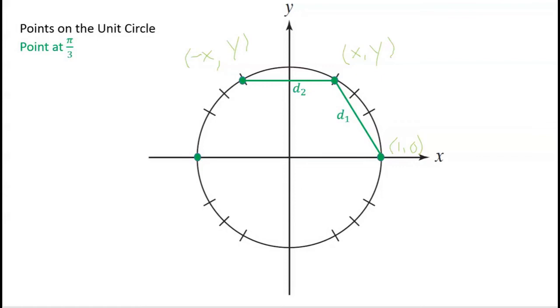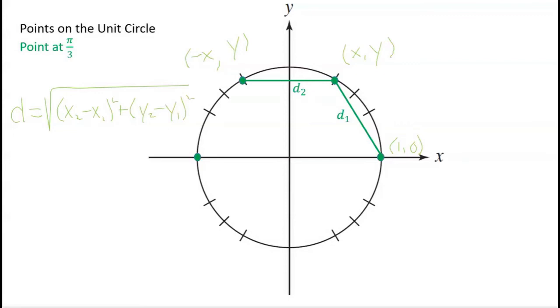Well, what am I doing with that? We know the distance formula. The distance formula is D equals the square root of (x2 minus x1) squared plus (y2 minus y1) squared. Now, the x2, x1, and y2, y1 are just points.